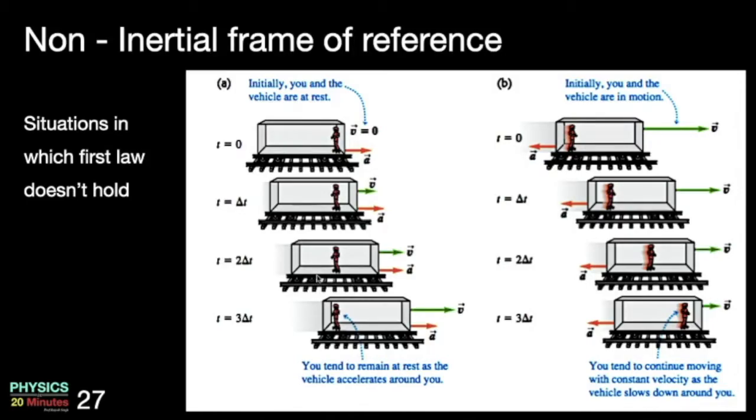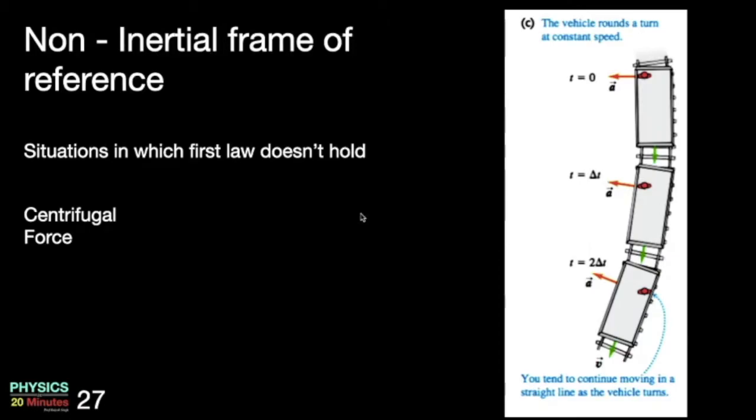But you can see that this pseudo force appears only in his frame of reference, which is a non-inertial frame of reference. If you are observing the situation from outside, then you can see that he is always in an inertial frame of reference. Here he is at rest, and here he is moving with constant velocity. So going ahead, if it is a circular motion, again we have a similar type of situation.